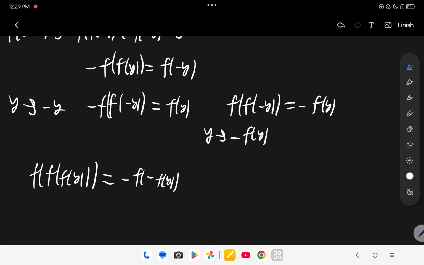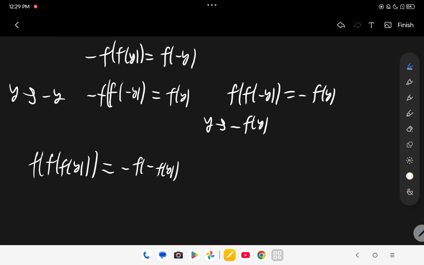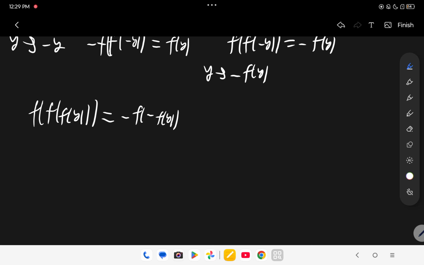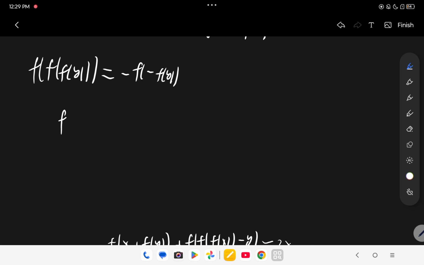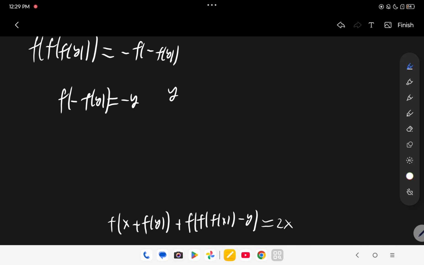And from here we get that f(minus f(y)) is equal to minus y. So if we replace y with minus y, we get that f(minus y) is equal to y.